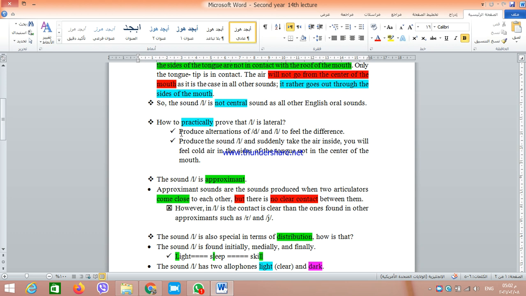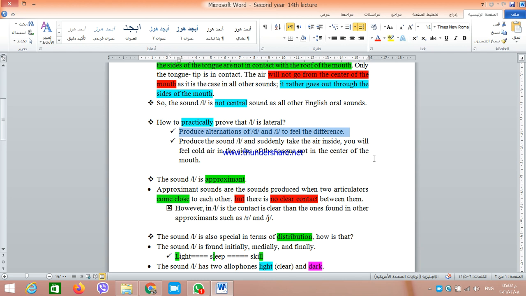Let's try the other one, which is to produce alternations of da and la, that is to pronounce one after the other. And I want you to feel the difference, because da is also alveolar, but in da we have a complete contact between the tip and the sides of the tongue with the alveolar ridge, with the roof of the mouth.